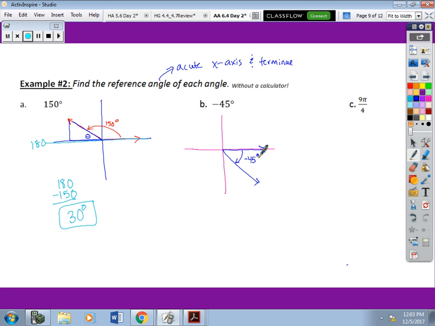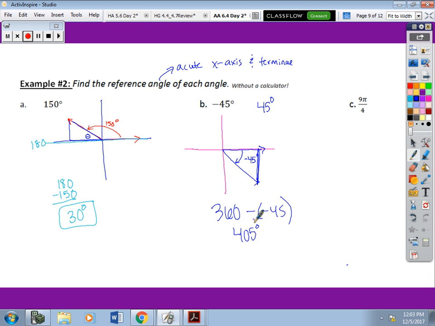It has to be an angle that's formed with the x-axis. So you can either just make it a positive 45, which is the easy way to think of it, or you can follow the formula for quadrant 4, which was 360 minus a negative 45, which would make you add 45, which would get us 405.